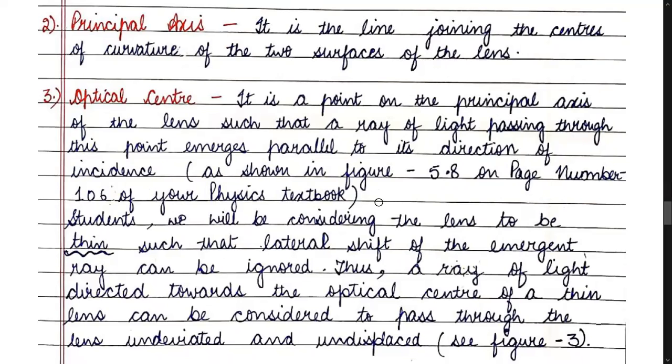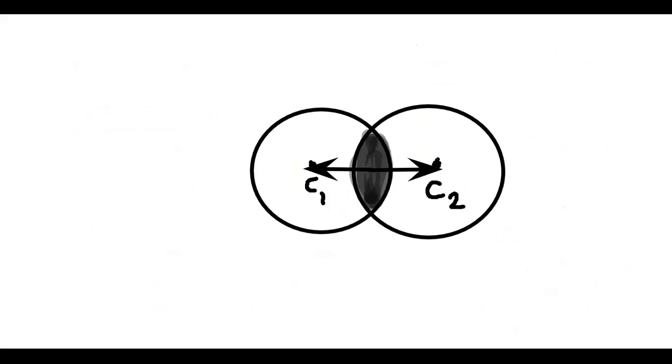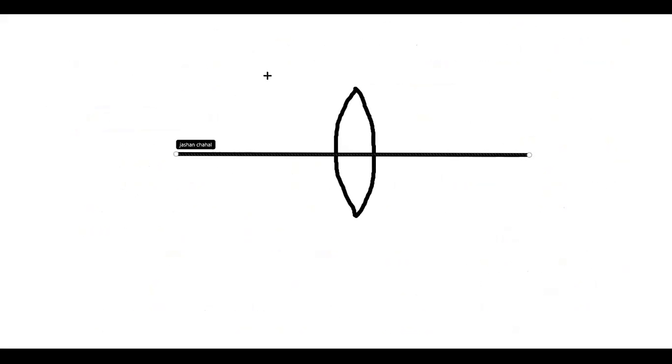A principal axis is the line joining the centers of curvature of the two surfaces of the lens. For example, in case of a convex lens, you have two centers of curvature at both the surfaces on left and right side.